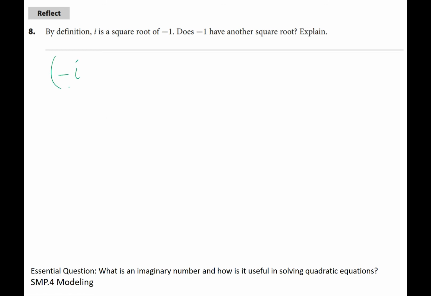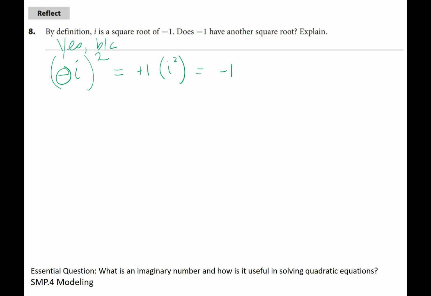What would happen if I squared that? Well, when I square a negative, I get a positive 1. And when I square i squared, I get negative 1. So it does actually have another square root. So we would say that it's yes.